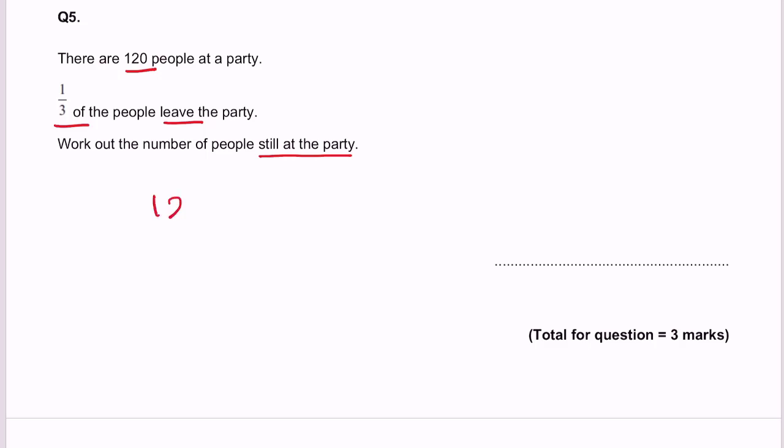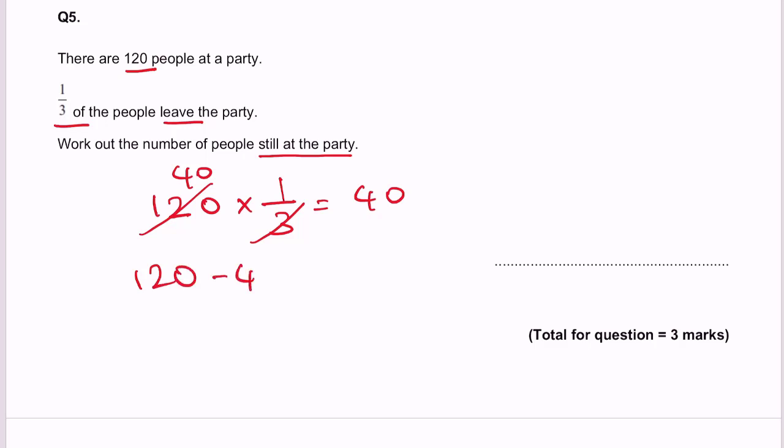So that's 1/3 of 120, and that will give us 3 goes into 120, 40. That's 40. Now we're going to work out how many people are still at the party. So 120 take away 40, which is 80 people still at the party. So the answer is 80.